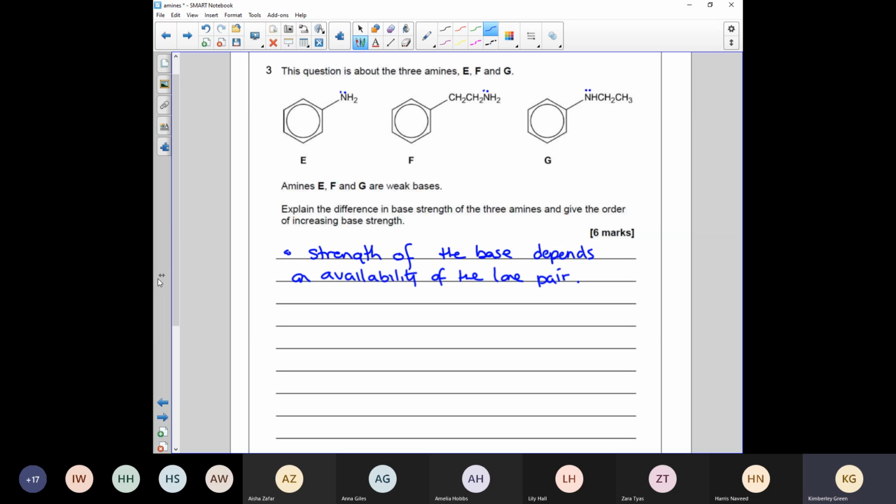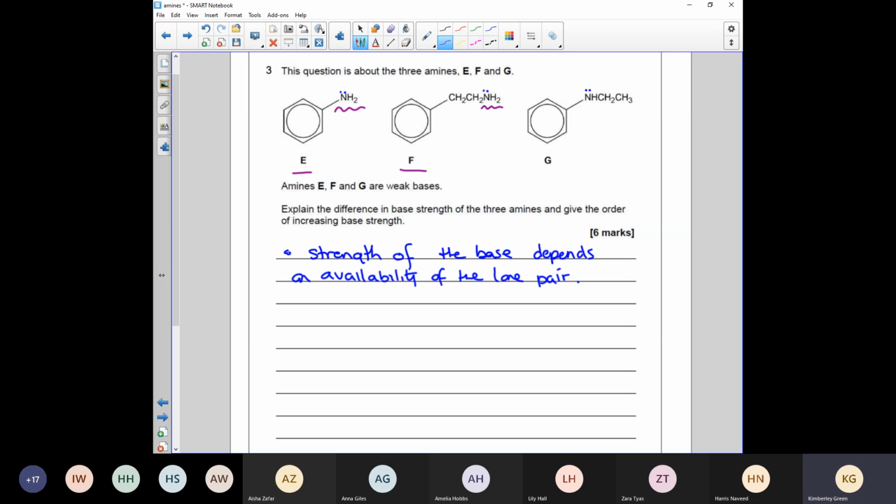Now we need to know what makes that lone pair either more or less available. I'm going to focus on these two to start off with. In E, we've got an amine group attached to our benzene ring, and that screams it out to me. In F, our amine group is attached to an alkyl chain.